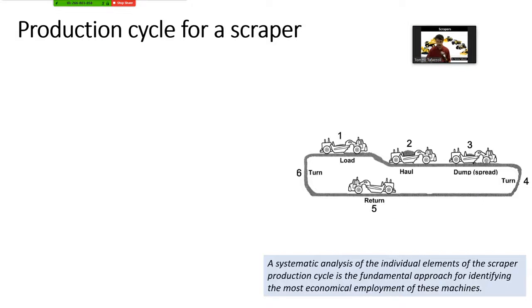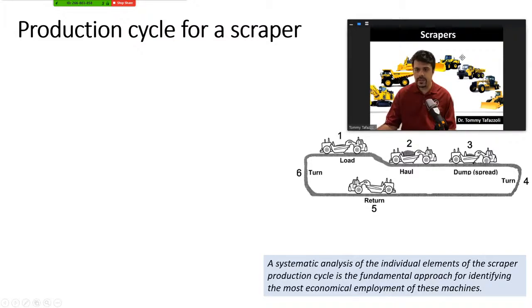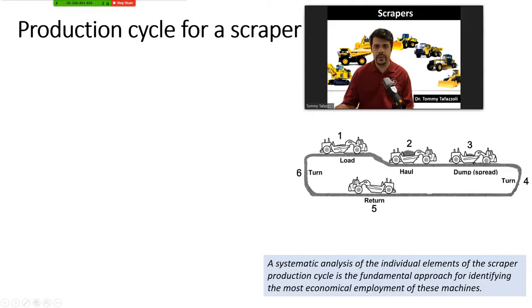Okay, so what is the production cycle for a scraper? If you see this picture, this is a full cycle of a scraper. It starts with loading here, and then it continues with hauling the load, then dumping, then turning and returning, until it gets back to its original point.